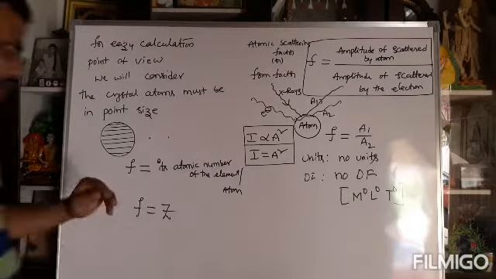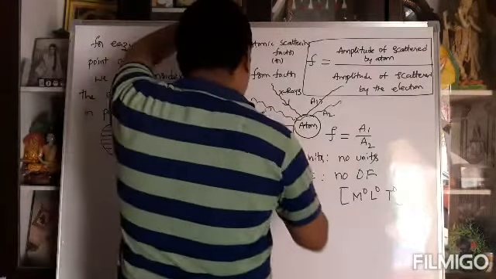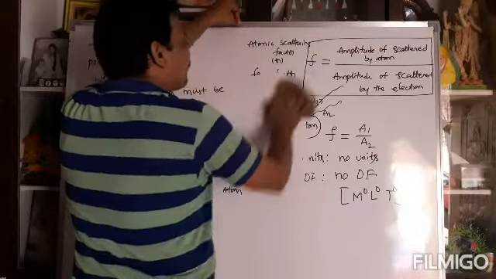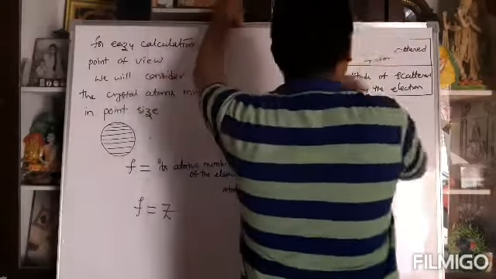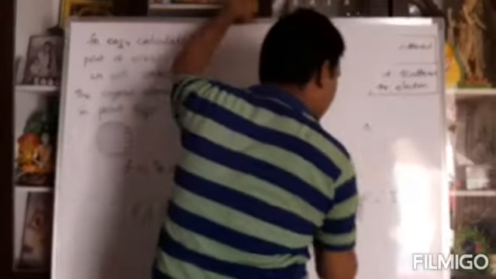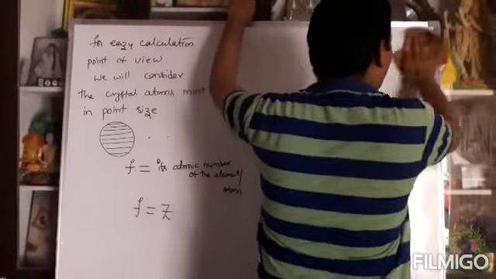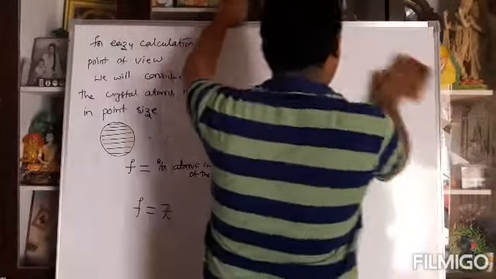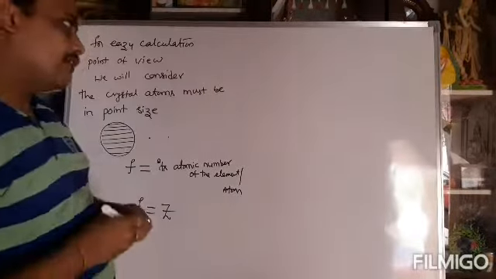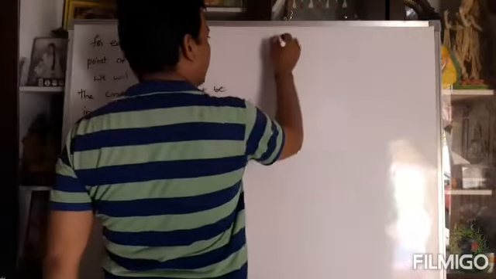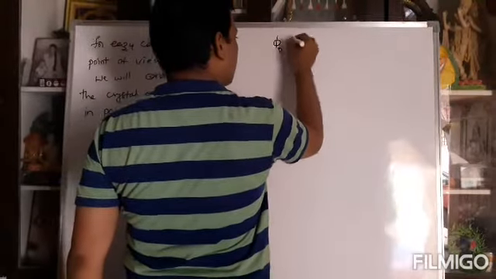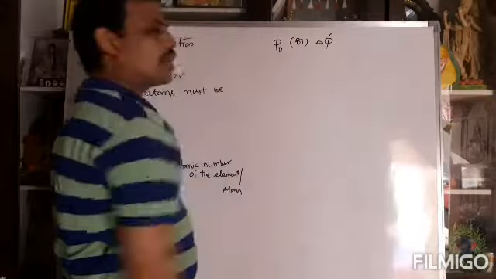In this way, the scattered ray and incident ray have some phase difference. That phase difference can be taken as pi naught. In some textbooks, it is represented by delta pi also.